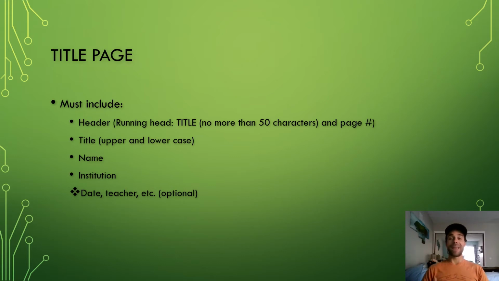Your teacher may ask for other elements, namely the date, the class, the teacher's name perhaps. But if these things are not specified, then you just want to revert back to just title, name, and publishing institution, or the institution that you are submitting to.